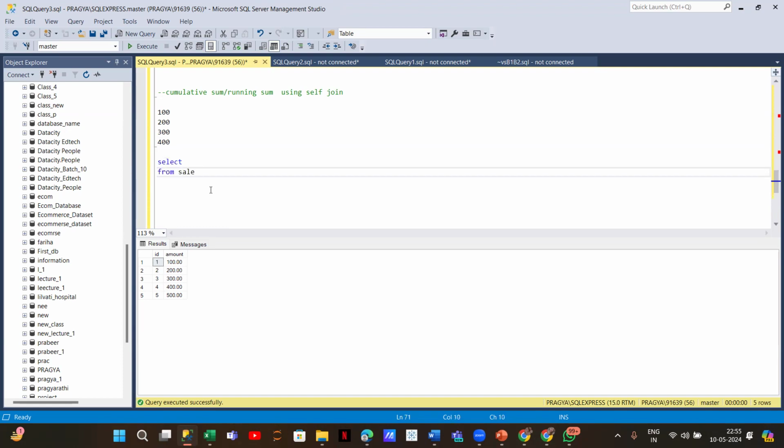Then I'm using from sales as S, join sales as, let's say, E, where my S dot ID is greater than or equal to my E dot ID, right? That's what I have given in my ON condition. Okay, is this much clear to everyone? What I have written?